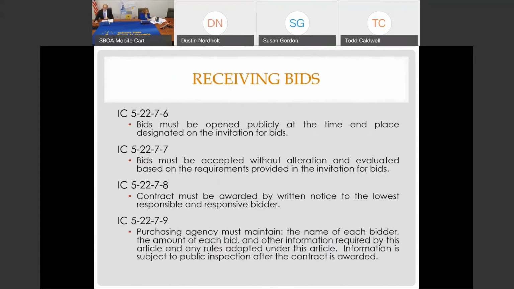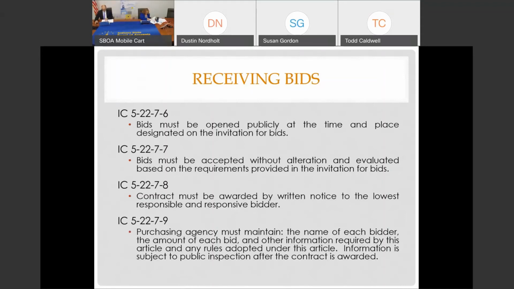So speaking of receiving bids, here are 4 statutes that are related to that. In Section 6, bids must be opened in a public meeting at the time and place designated in the invitation. In Section 7, they must be accepted without alteration and evaluated based on the requirements in the invitation.